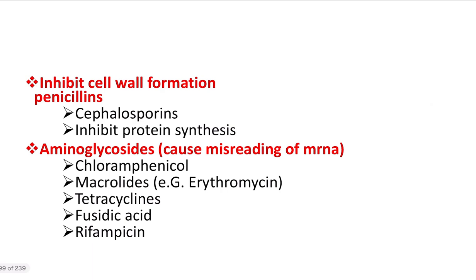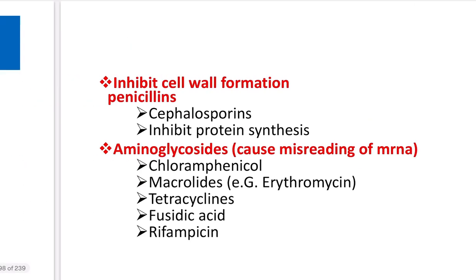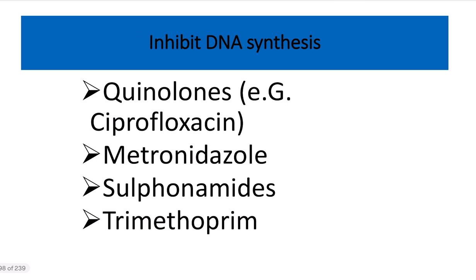So let's see the different types of mechanisms of action. As I said, you can see the inhibition of the cell wall and misreading of the mRNA, and here we can see the inhibition of DNA synthesis. We know the DNA is the main factory for any type of cell, and here we can see the different types of drugs which inhibit DNA synthesis.